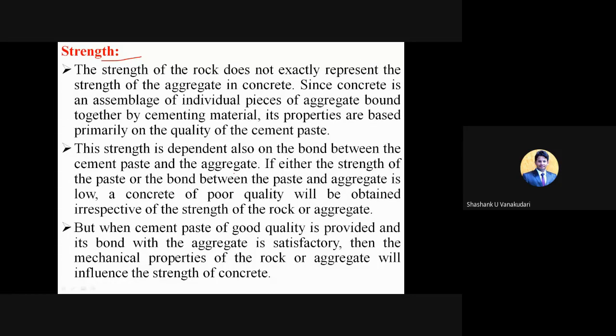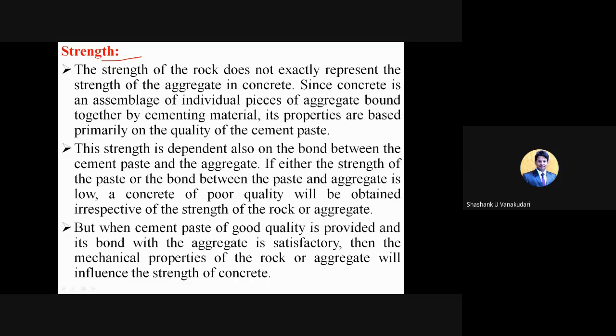At the initial stage it might act as a layer on the coarse aggregate, and after some days the top layer comes out, so only the aggregates are retained. That is because of improper usage of cement which is not properly manufactured.